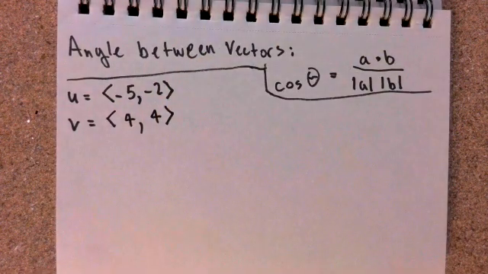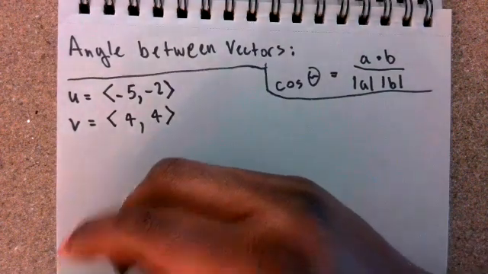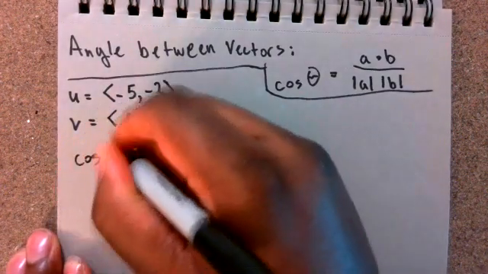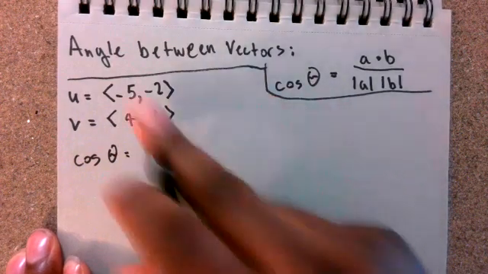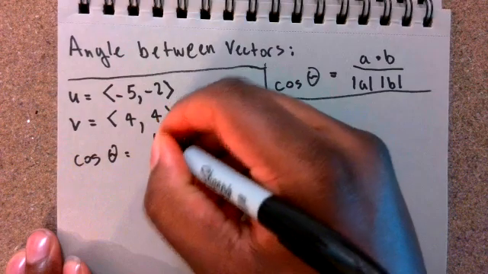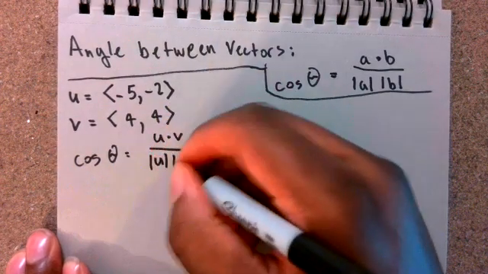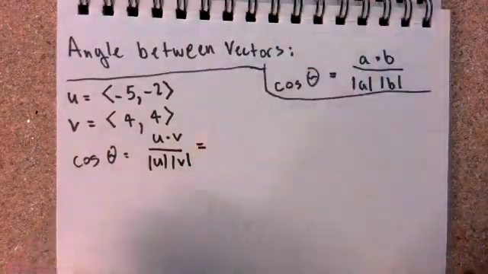So we're trying to find the angle between these two vectors. To do that, we can say cosine theta equals the dot product of u and v over the magnitude of u times the magnitude of v. Well, let's break this up.